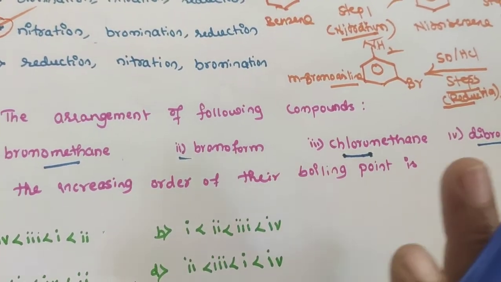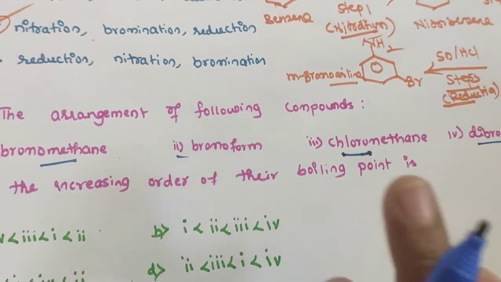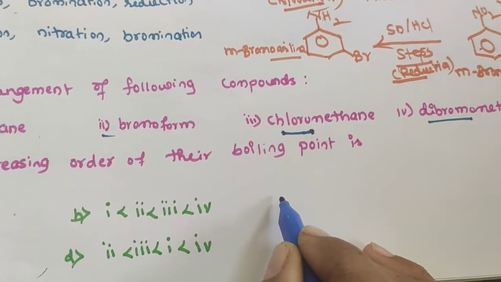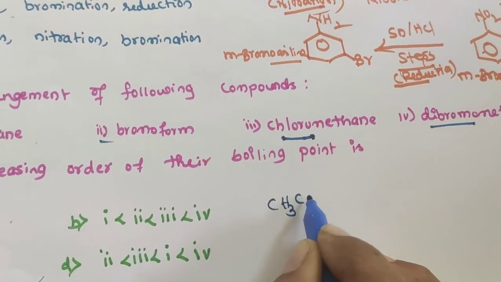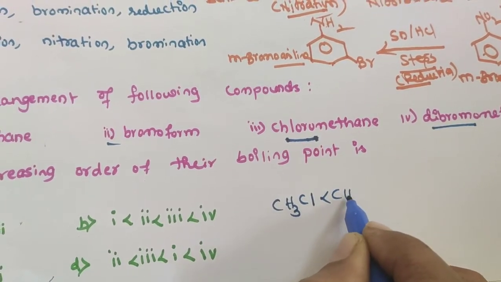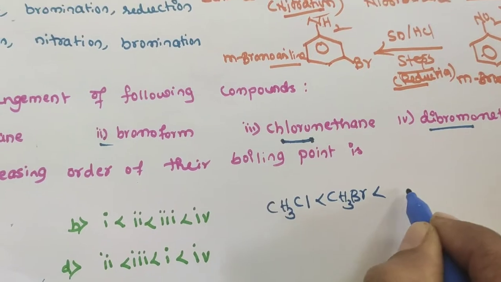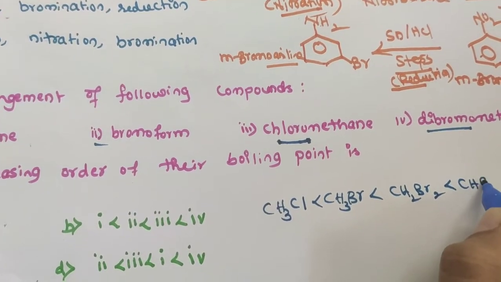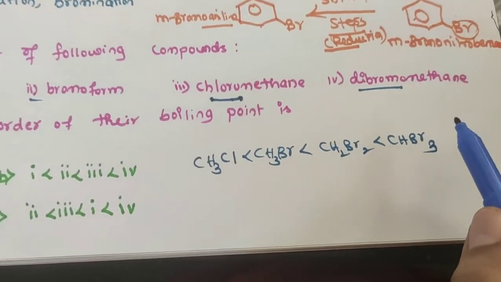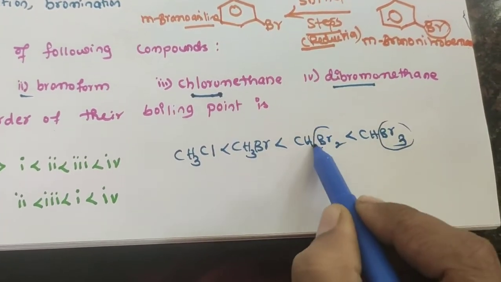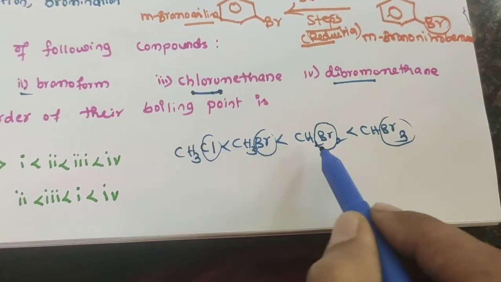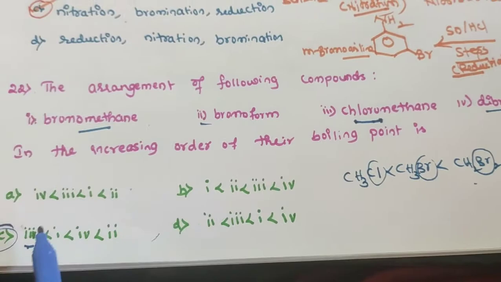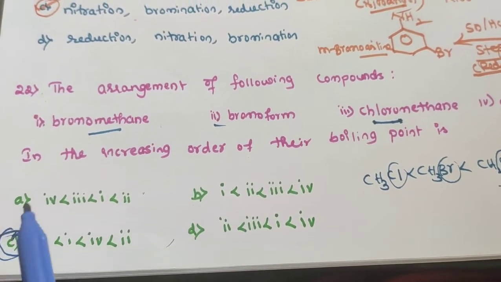So the order of boiling points is: CH3Cl is less than CH3Br, then CH2Br2 is less than CHBr3. As the size of the molecule increases, the boiling point also increases. So the answer is C.